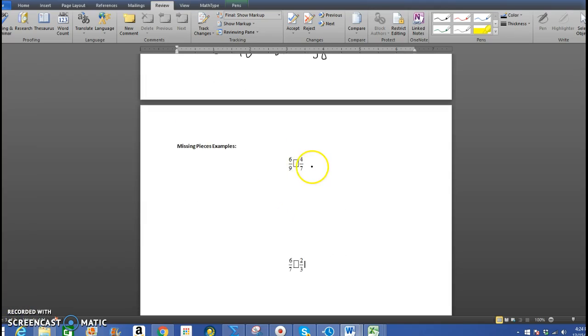All right, finally, what we're looking at is the missing pieces example. So they don't have the same size pieces. They don't have the same number of pieces. But what they do have in common is that the first one is missing 3 pieces. And the second one is missing 3 pieces. And by missing, I mean if 6/9 had 3 more pieces, it would be whole.